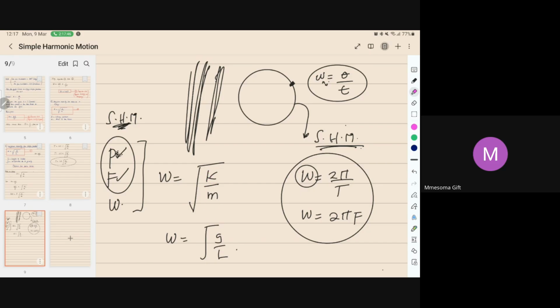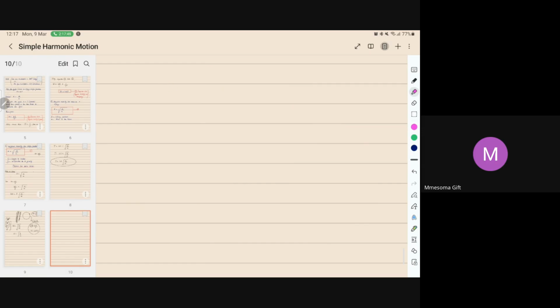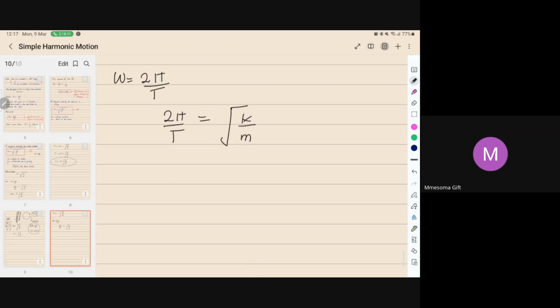And it's simple mathematics. If I have that W is the square root of k over m, and W is equal to 2 pi over T, so I have 2 pi over T equal to square root of k over m. Now, you cross multiply. You have that 2 pi is equal to T times square root of k over m.